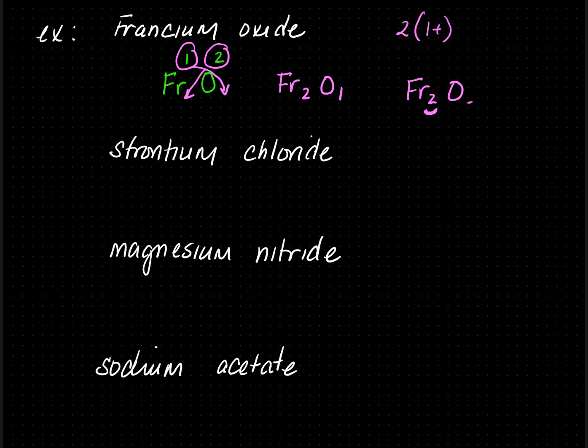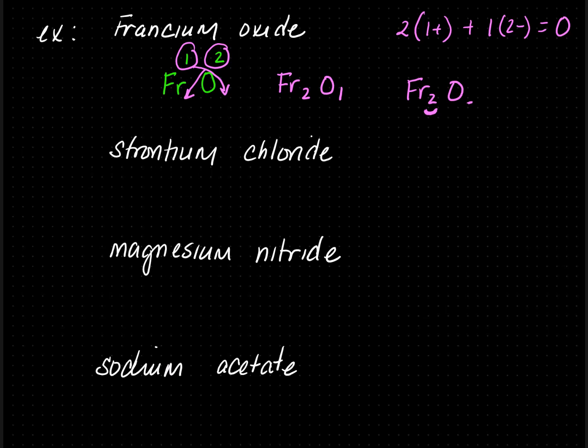There is 1 oxygen. The charge of oxygen is 2 minus. If I add this up, the overall charge of the compound is 0. And we want all the compounds right now to equal 0. So when we crisscross the charges down, this tells you how many of that element is needed to make the compound neutral.